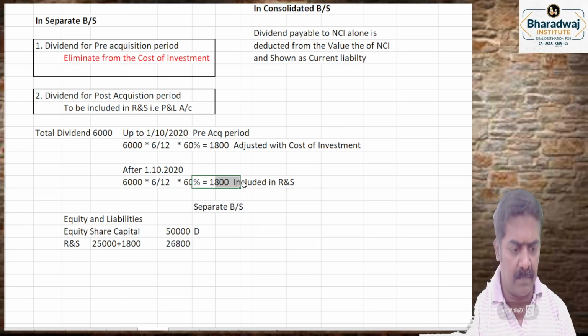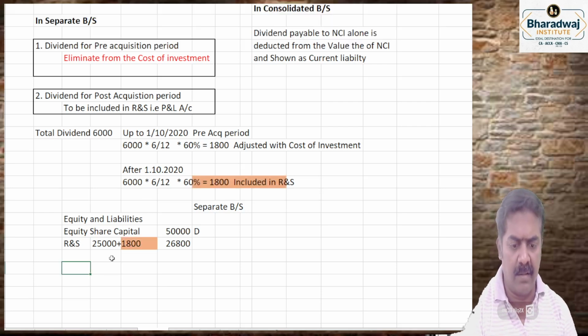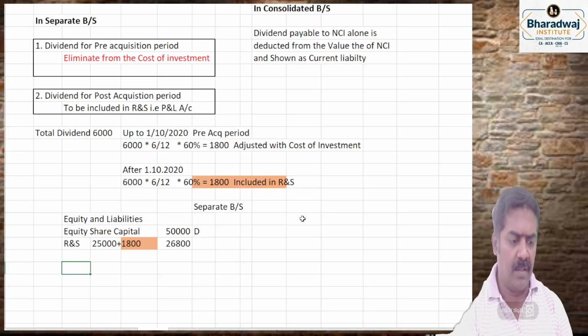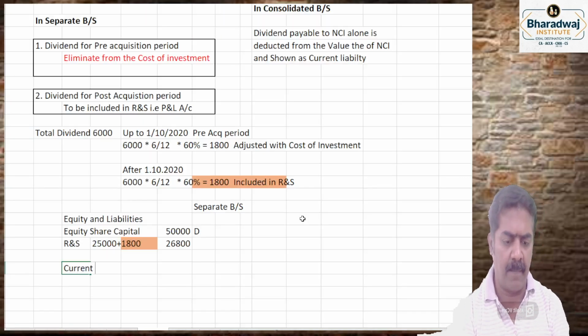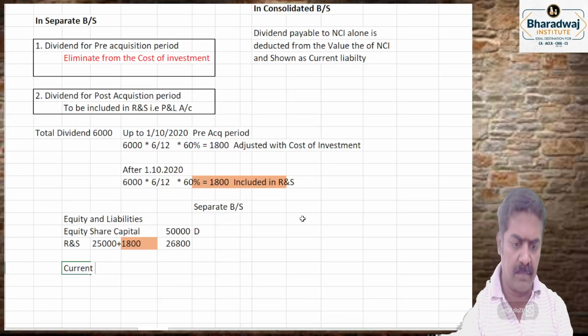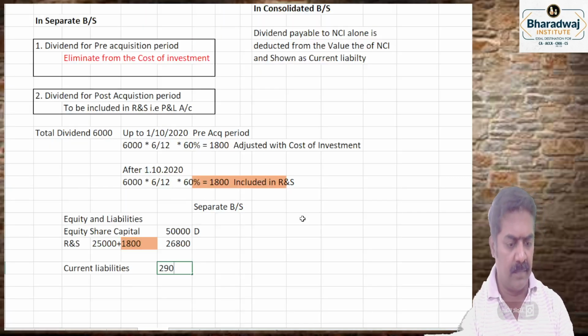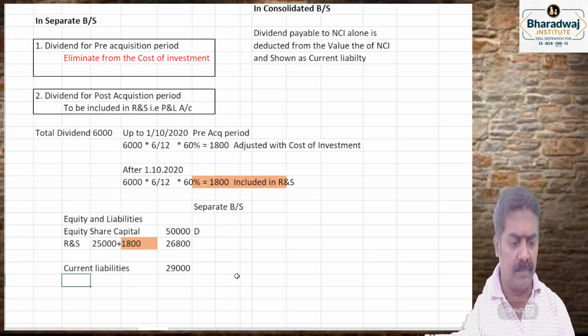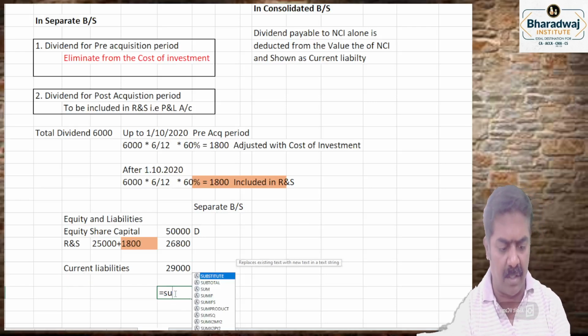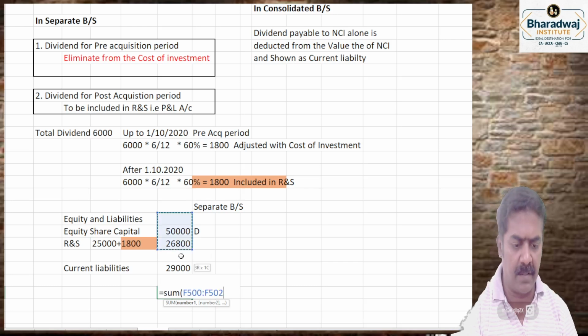This part. Then, what is the next one? Current liabilities. Only D. How much current liabilities? 29,000. We are preparing which one, consolidated balance sheet or separate balance sheet?